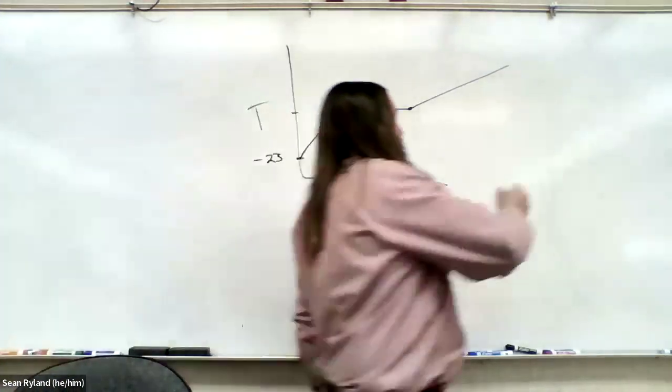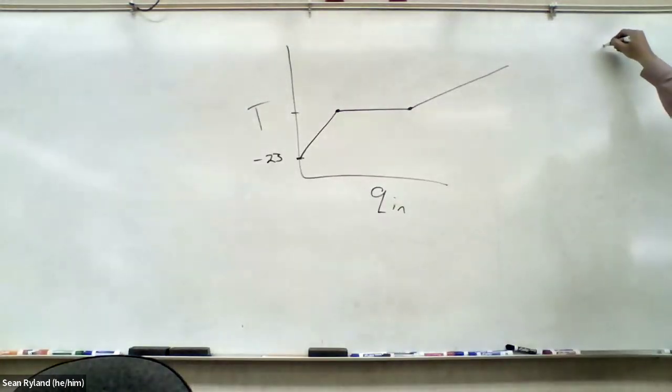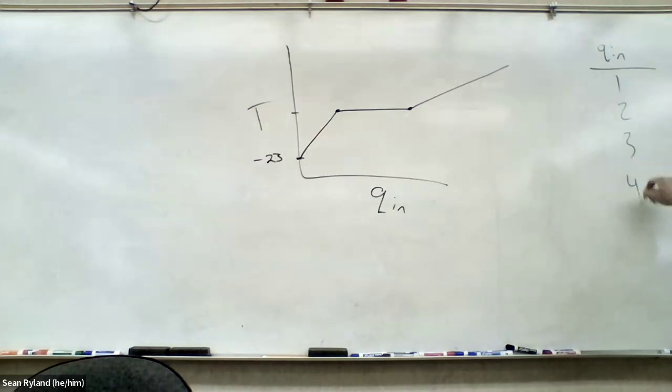So if we set up a column of Q in and we just filled in 1, 2, 3, 4 down however far we wanted, then we could have temperature, or we could say delta T would be the easiest way to do it. Because Q is in this column, delta T is just Q over mass times specific heat.